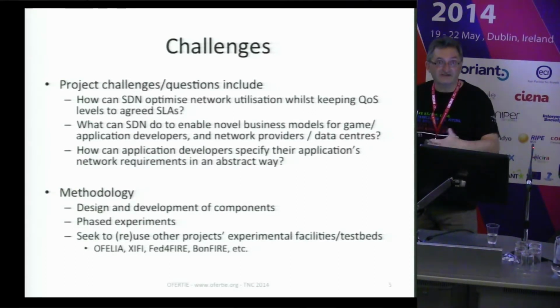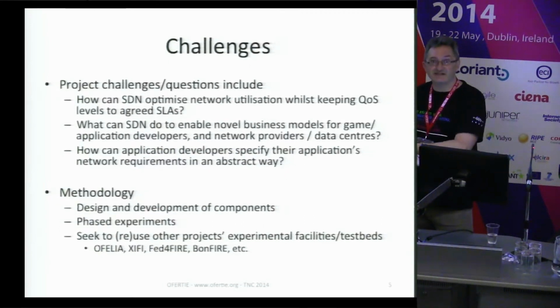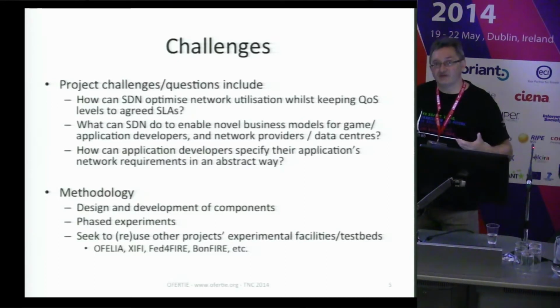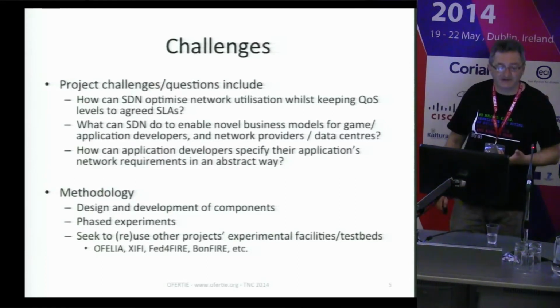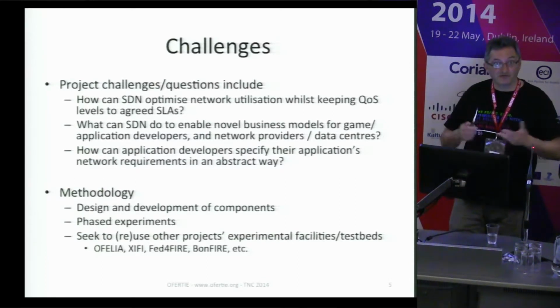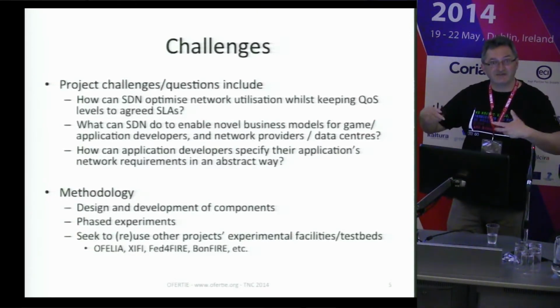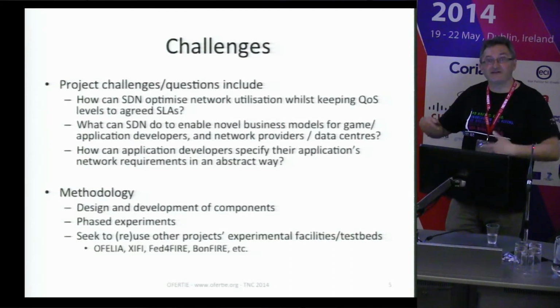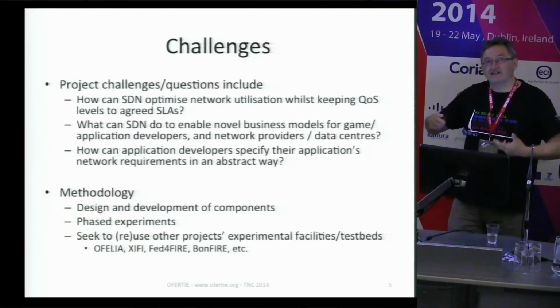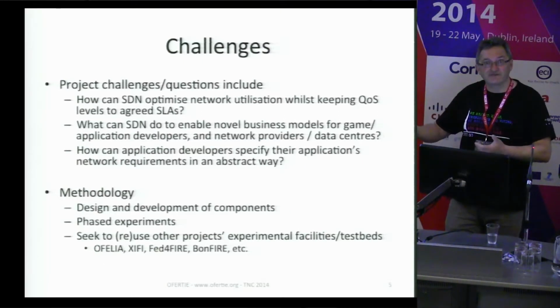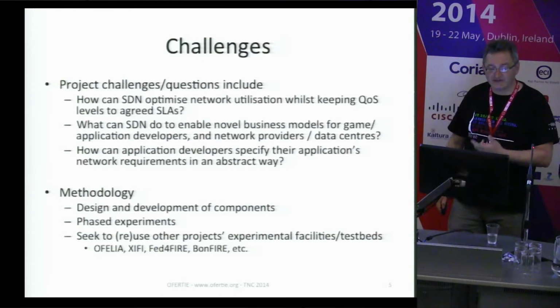Speaking to them about how they could potentially take advantage of SDN, whether that's purely within the data center and the hosting side, or, and you'd probably need inter-domain SDN provisioning for it, down through to the end consumers of those services. And the third very interesting question is, as an application developer writing one of these applications, how can you write it in such a way that the application can take advantage of that underlying network without you necessarily, although you could, explicitly specifying what your QoS metrics are. So that's what we've been looking at.